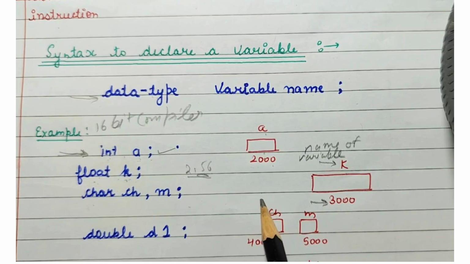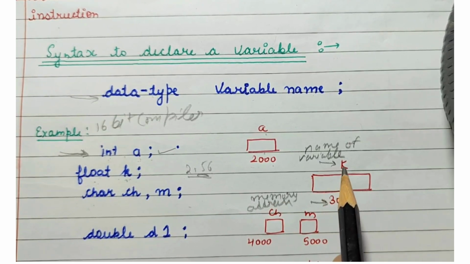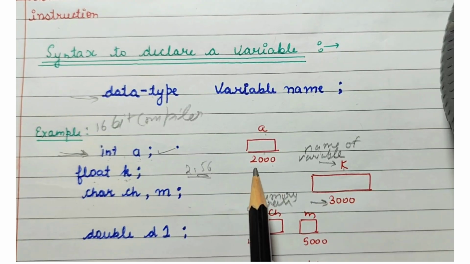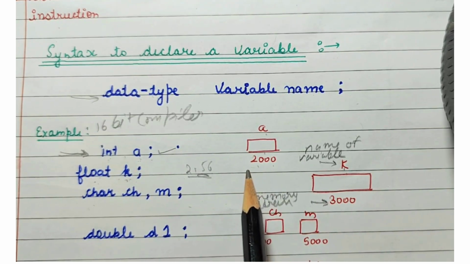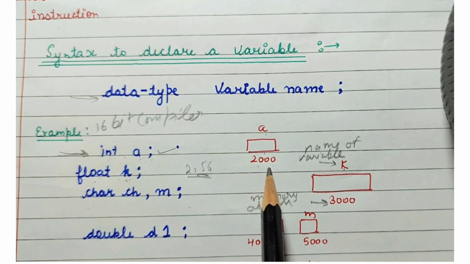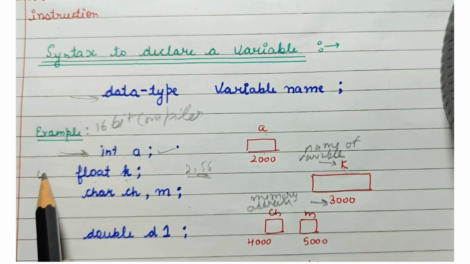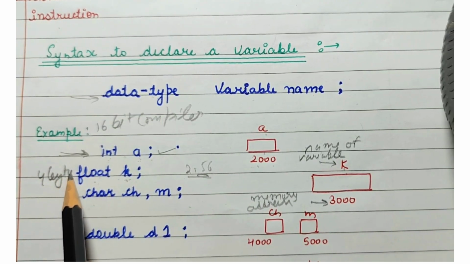And what is 3000? 3000 is the memory address. Now 3000 is the starting memory address of variable k. 2000 is the starting address of the variable a. We always use the starting address. So 4 bytes memory is allocated to the float variable.